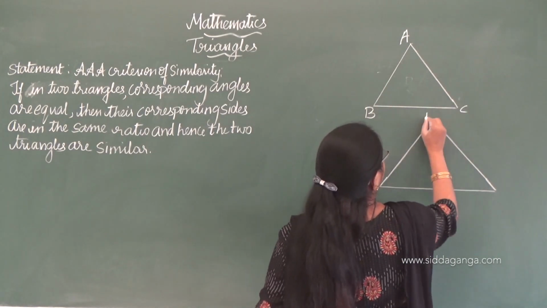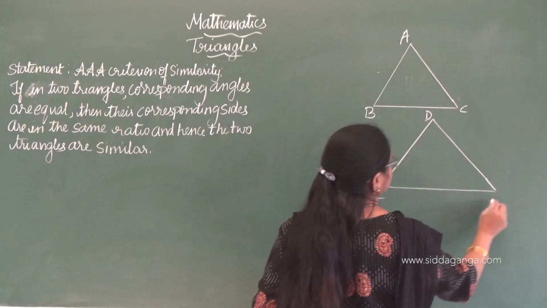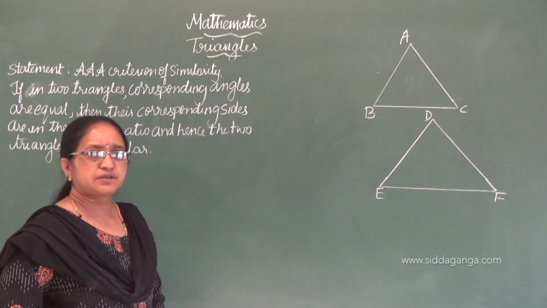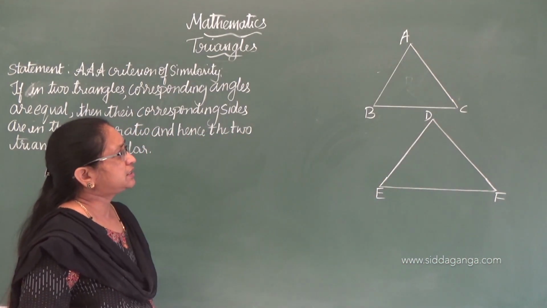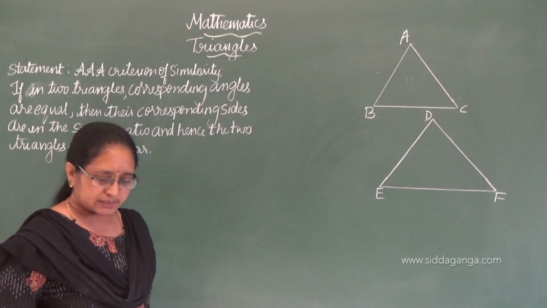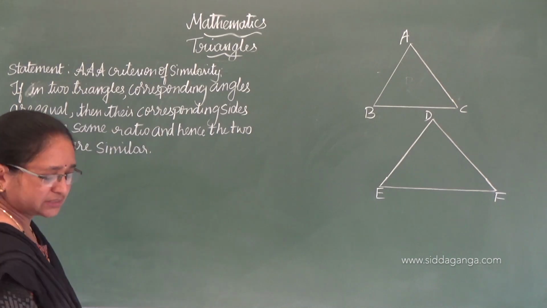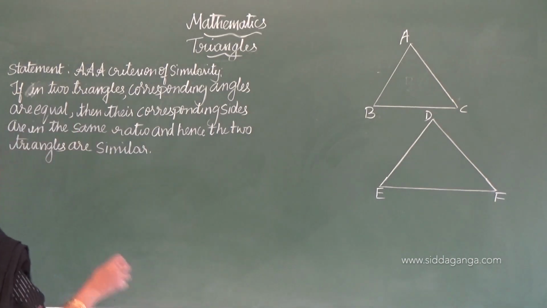ABC and DEF are the two triangles. What is given? Corresponding angles are equal, they have given. Okay, so let us start writing.